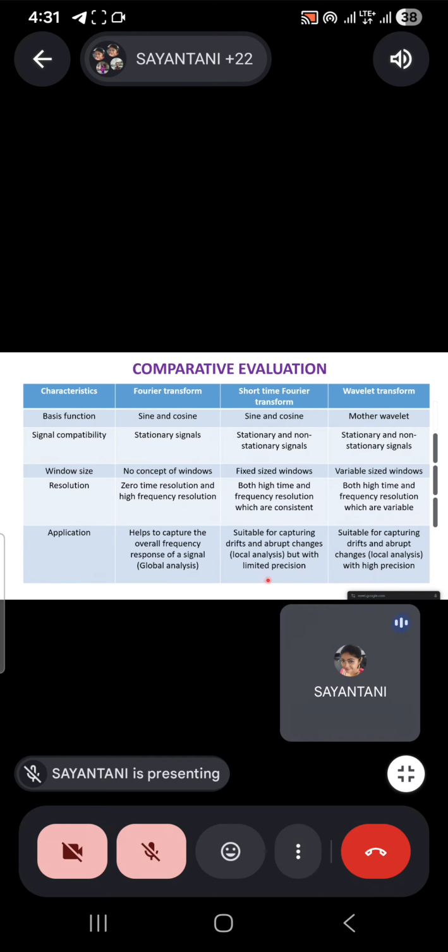The short-time Fourier transform, on the other hand, gives a local analysis because we can easily capture the small abrupt changes and rapid drifts which take place in the EEG signals. However, the precision is very low because we are using fixed time windows. In the case of the wavelet transform, this is also a local analysis.